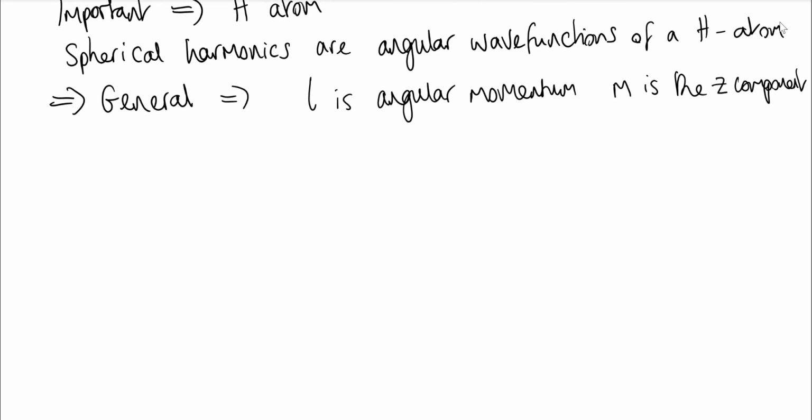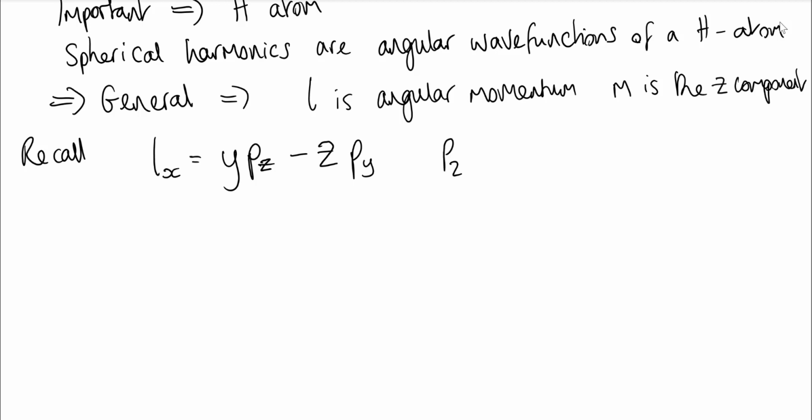We're going to recall that Lx equals y times the linear momentum p sub z minus z times the linear momentum of p sub y. So let's just make sure we recognize that p sub z is the linear momentum in the z direction.